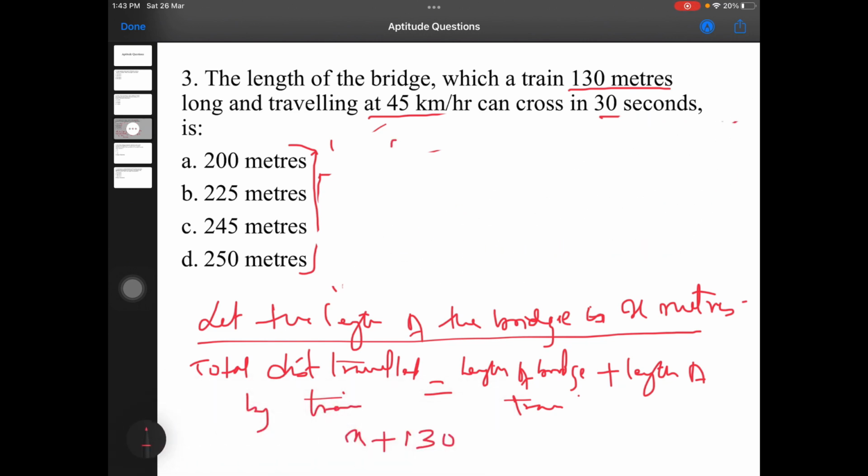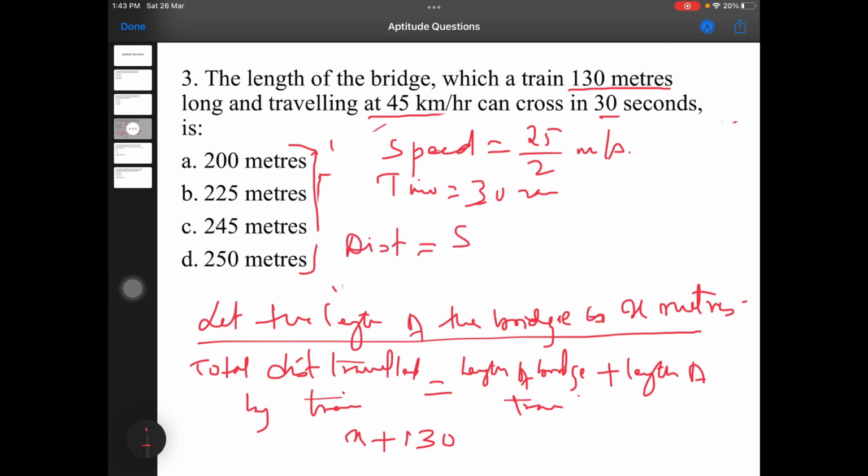And the speed, we already calculated the speed, 25 by 2 meter per second, and the time given is 30 seconds. So the formula for distance will be distance is equal to speed multiplied by time.